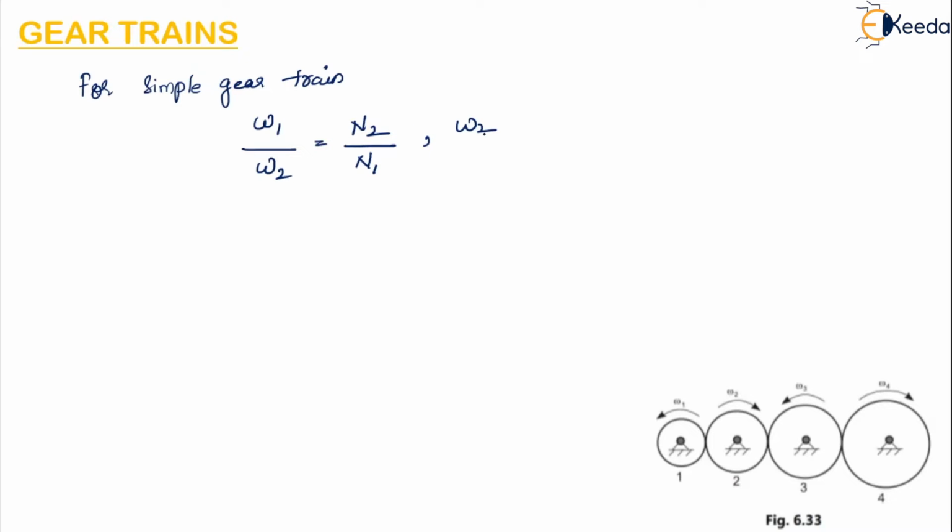Then omega 2 divided by omega 3 is equal to n3 divided by n2, and omega 3 divided by omega 4 is equal to n4 divided by n3, where n represents the number of teeth.